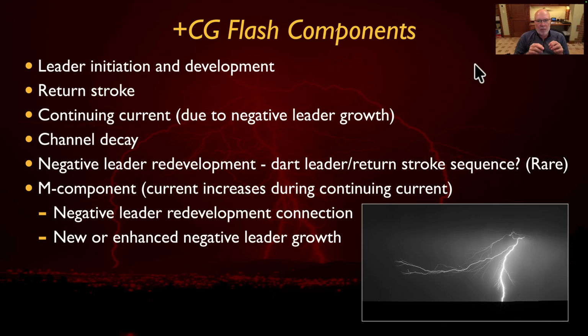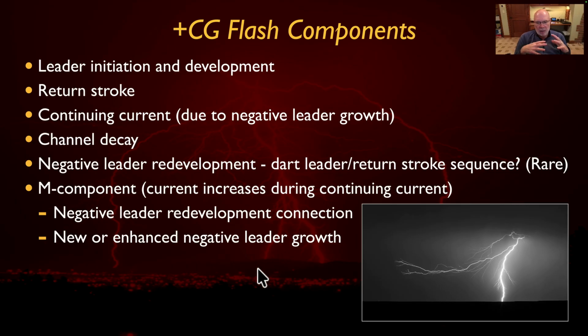There's some evidence that they can produce recoil leader activity, and it's still kind of debated how clear that is or whether or not it's a response to something else. But that redevelopment that can occur on decayed negative branches that I've already showed you initiates that dart leader return stroke sequence, and it's much more rare.